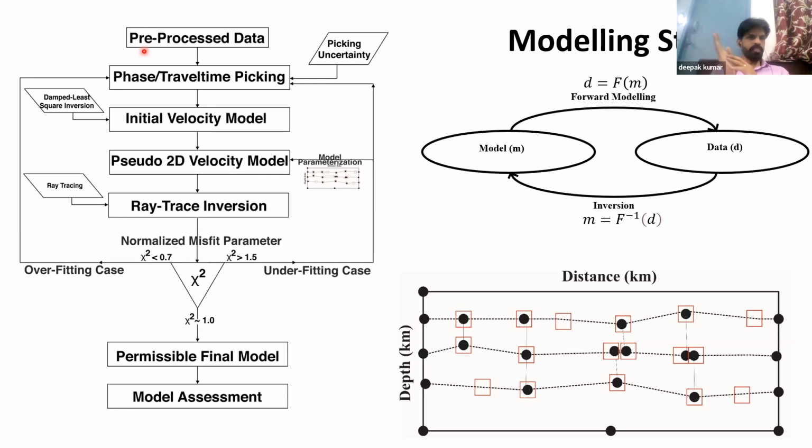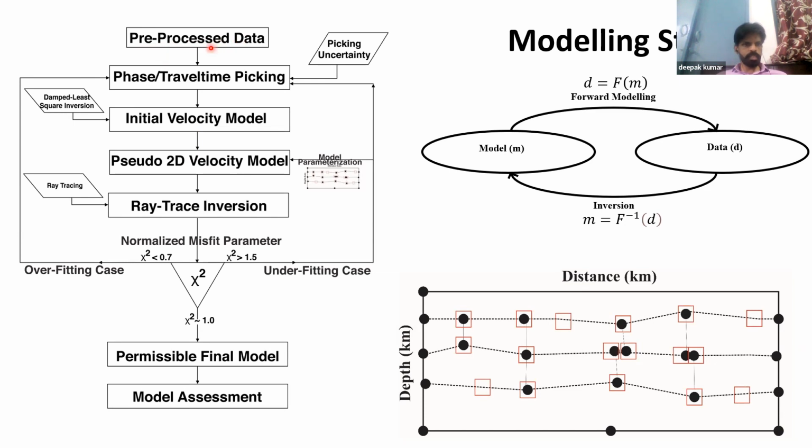We rotated the data. We made shot gathers. We applied geometry. We did spherical divergence corrections. We did static corrections. We applied deconvolution and filtering to suppress ground rolls, the effect of ground rolls. So this is called pre-processing of the data.